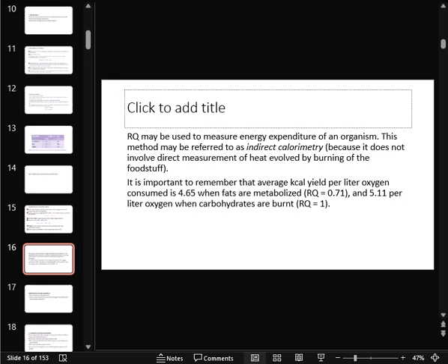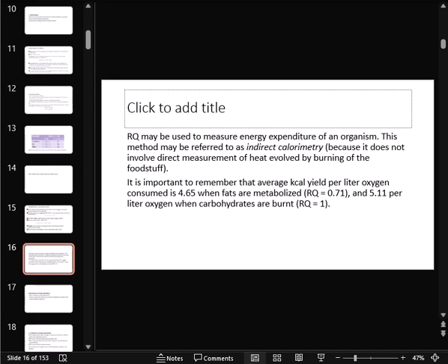RQ may be used to measure the energy expenditure of an organism. This method is referred to as the indirect calorimetry method, because it does not directly measure the heat evolved by the chemical reaction. Rather, it measures the energy indirectly by looking at the carbon dioxide produced and the oxygen consumed.